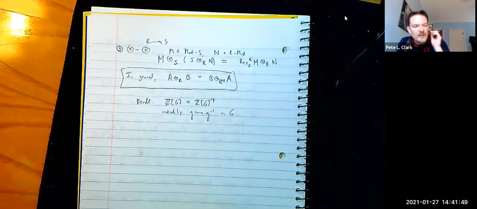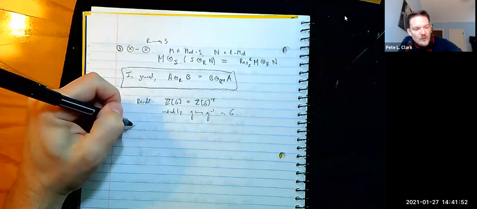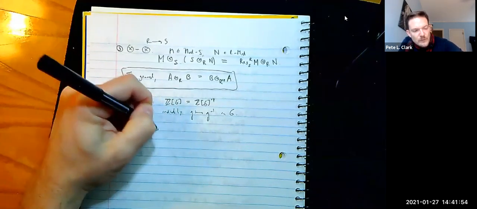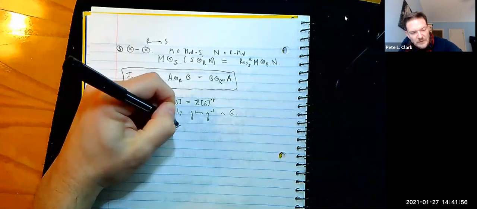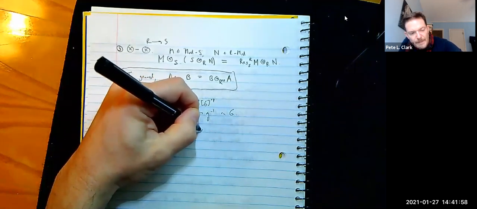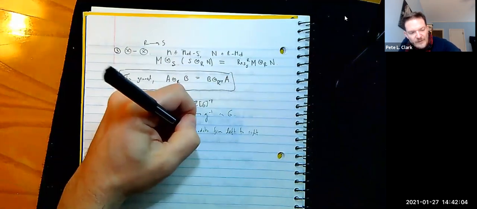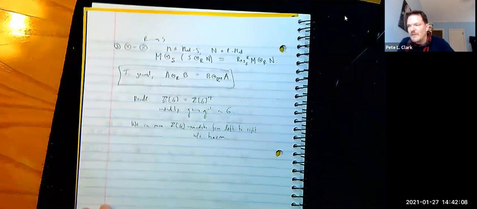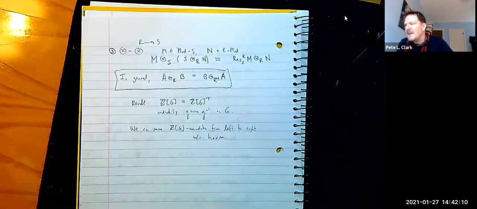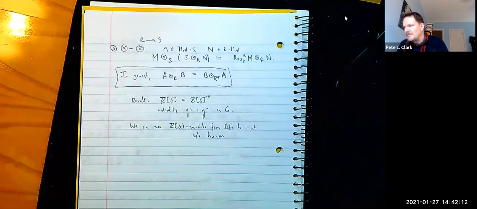So what I'm saying is that we can move ZG modules from left to right, or the other way around, without any harm. You see a right module, you make it a left module.